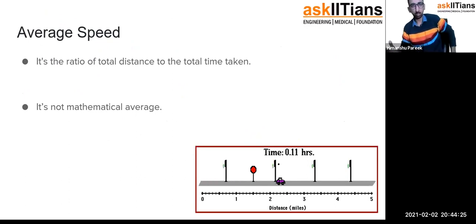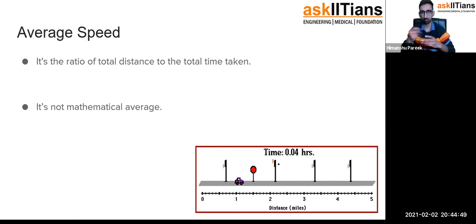Our next topic now, which is the last topic of this session, average velocity. First of all, whenever I say average, the first thing to understand is average speed. Average velocity is very similar to this, so let's spend more time on average speed only.